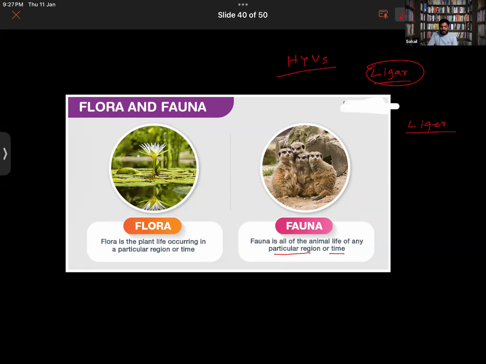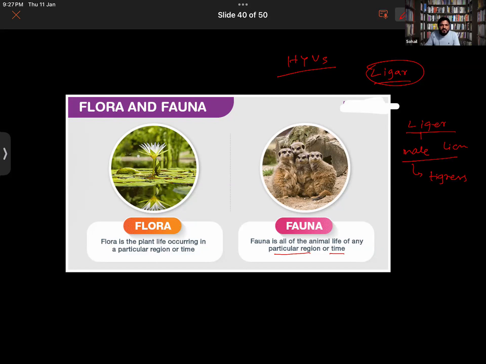So you had this liger that is born out of the interbreeding between a male lion and a tigress. So it's a liger.